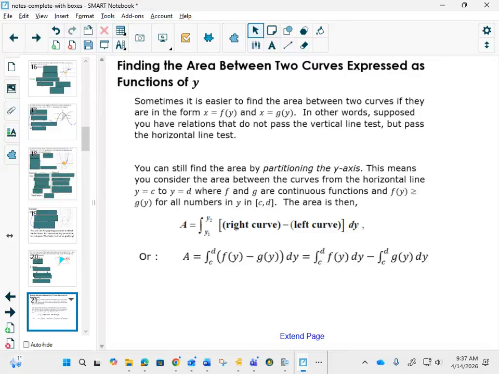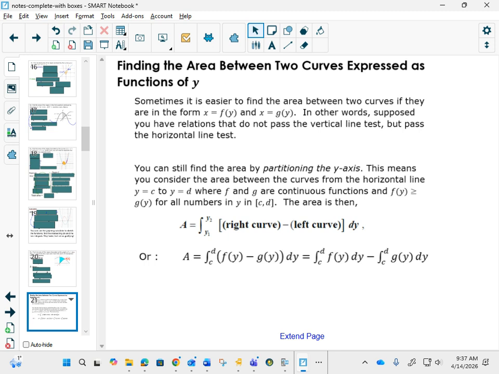So we're going to find the area between two curves, but now instead of functions of x, your x's and y's get mixed up. Sometimes, you know how you could write y equals x squared, and that's a parabola? It was easy to get the y by itself and have a function.